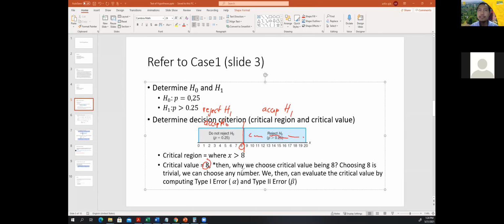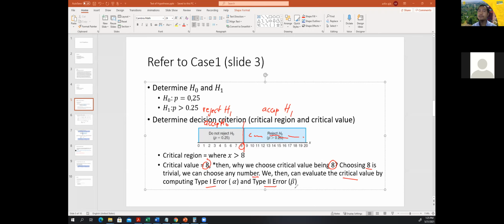And then yesterday, Hanif asked me, why should it be 8? Why do we choose the critical value being 8? Actually, choosing 8 is trivial. We can choose any number, and then we can evaluate the critical value by computing type 1 error and type 2 error.